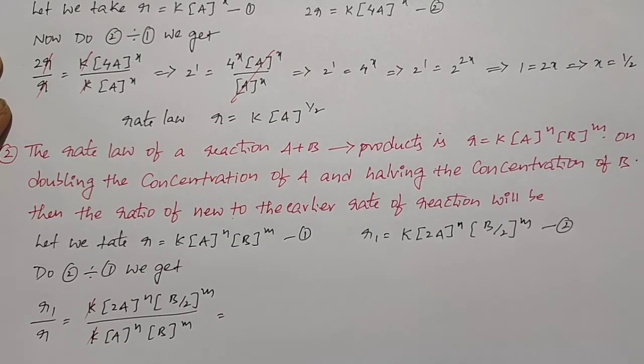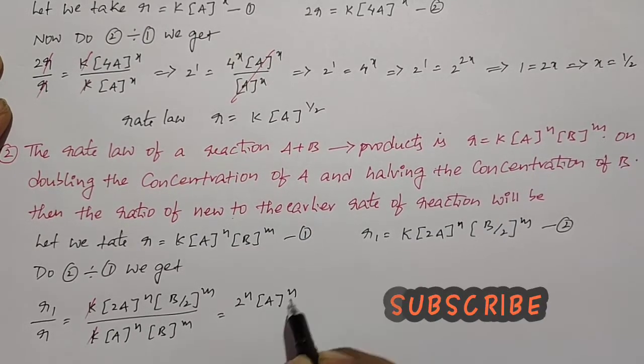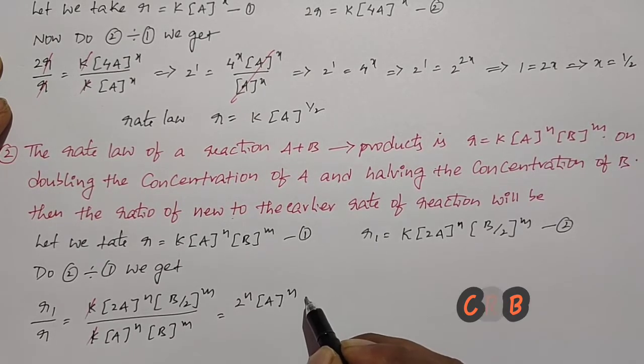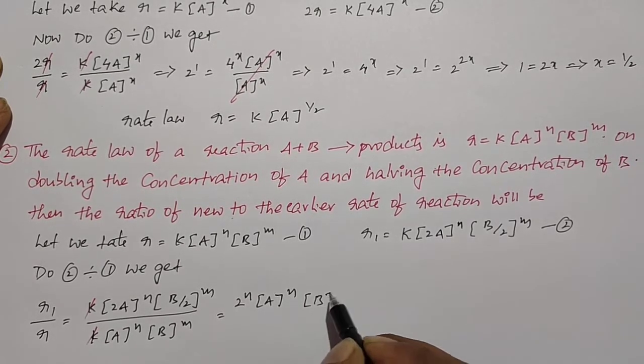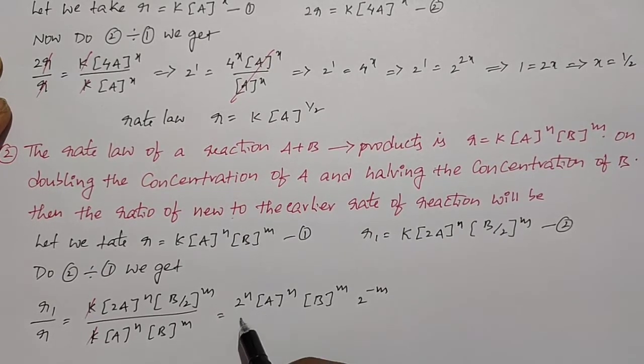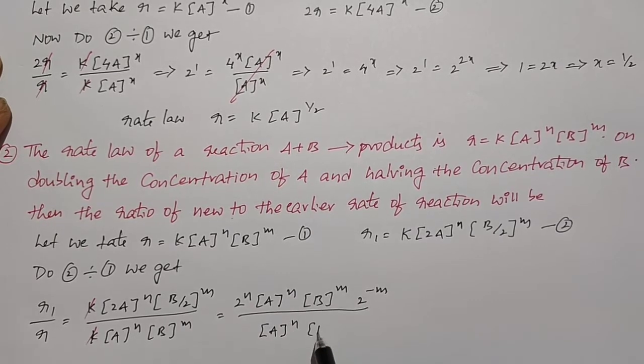Then 2A power N will be written as 2 power N into A power N, and B by 2 whole power M will be written as B power M into 2 power minus M, divided by A power N into B power M. So A power N will be cancelled, B power M and B power M will be cancelled.